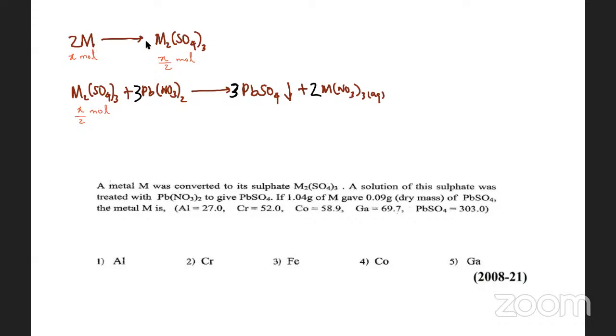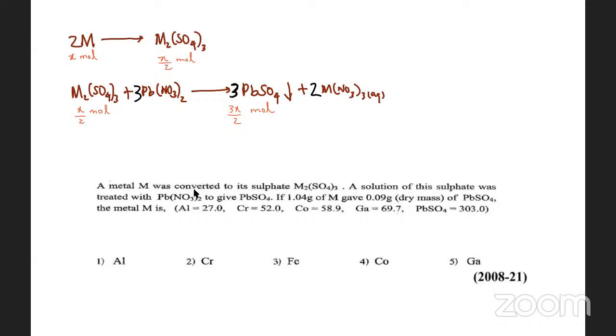Okay, X moles of M will give you X by 2 moles of M2SO4. So M2SO4 is X by 2 moles. How many moles of lead sulfate will be given? 3X by 2, because 1:3. So 1:3, no people? Yes. 3X by 2.